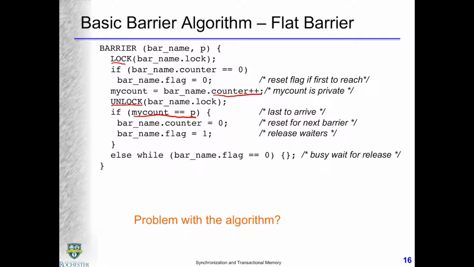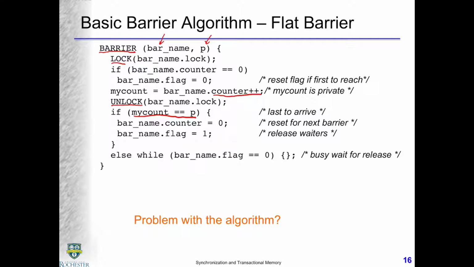Let's go through this a little bit more. You may have multiple barriers, so the library routine would be based on the barrier data structure and how many processors. Everybody would be issuing this in the same group. We would go to the same barrier name, say there are 16 of us, we want to have a barrier.